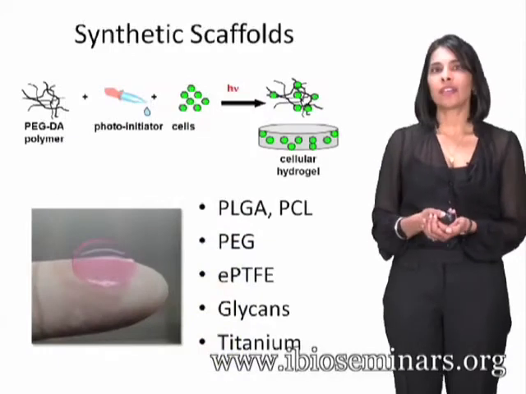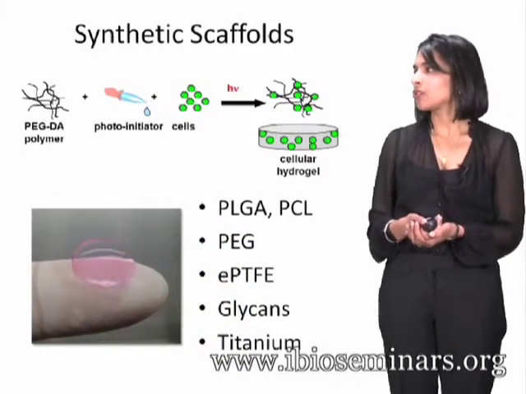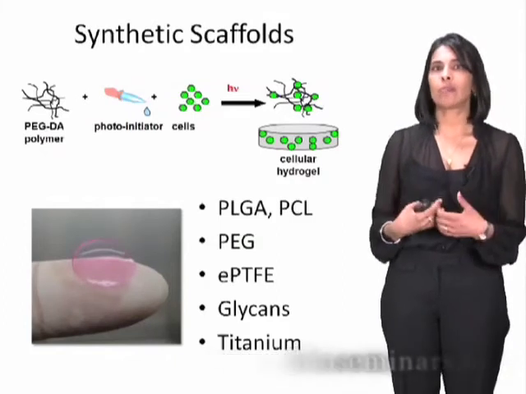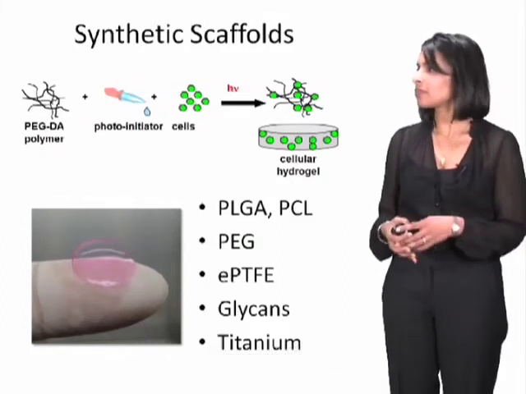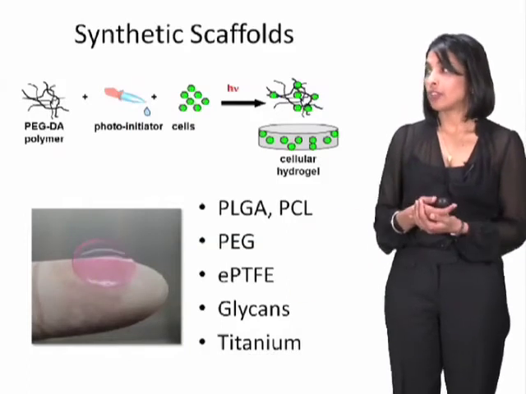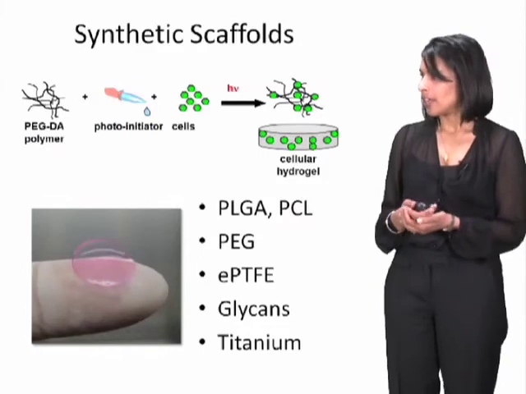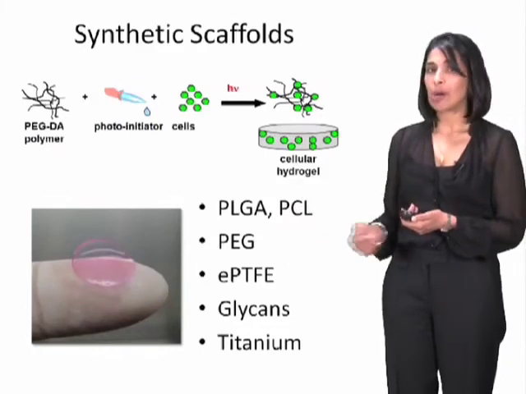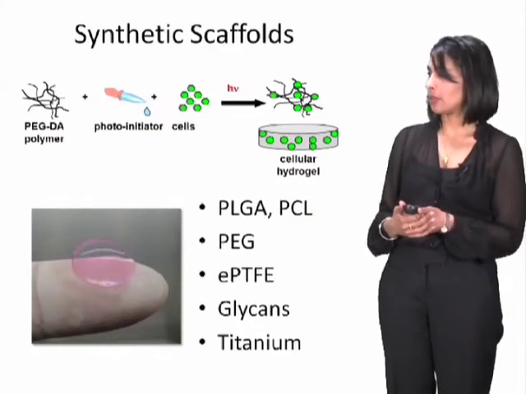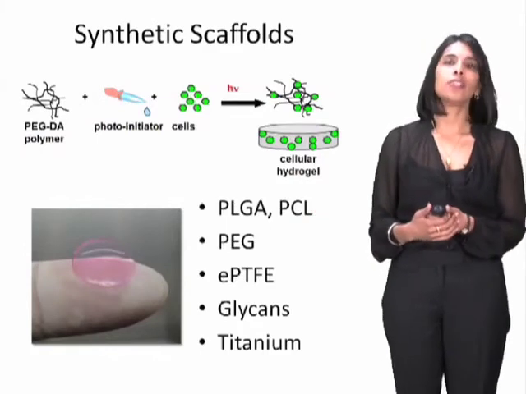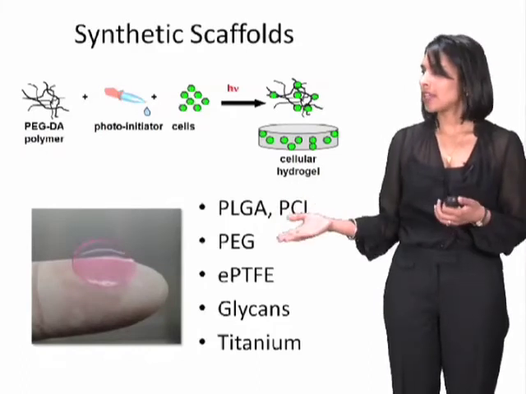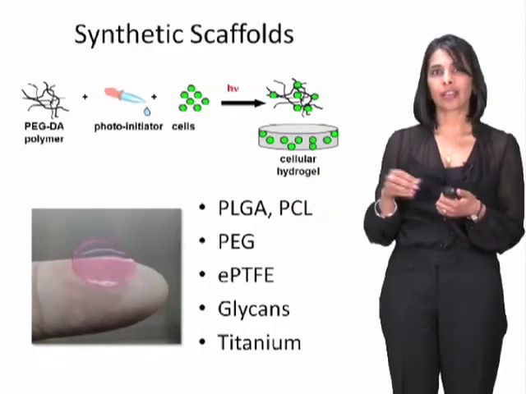So there are a variety of synthetic scaffolds that one has to choose from. And if one looks in the community, we see new chemistries coming out on a daily basis. I've just listed for you here some of the classical chemistries that are used for tissue engineering. And many of them are what we call polymers. So for example, PLGA is polylactic co-glycolic acid. These are macromolecules that have repeating structures, in this case of lactic acid and glycolic acid.